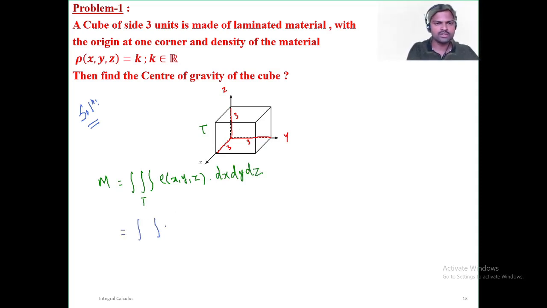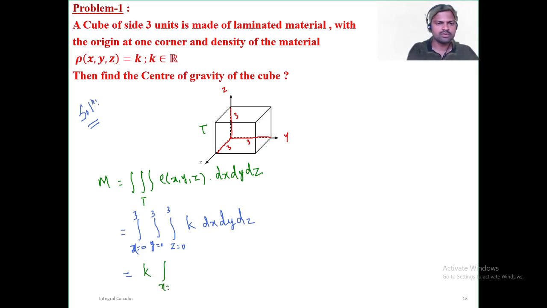The density function is constant, so k into dx dy dz. And the corresponding limits: since it is a cube, z is varying from 0 to 3, y is also from 0 to 3 from the graph, and x is also varying from 0 to 3. Now let us compute this. Here k is a constant, so it comes out. First, with respect to z, you evaluate.